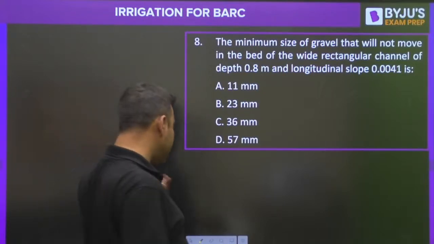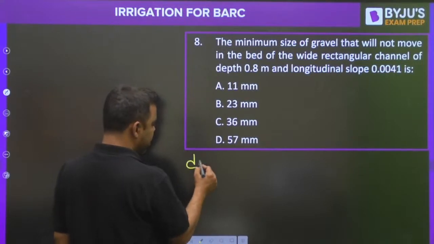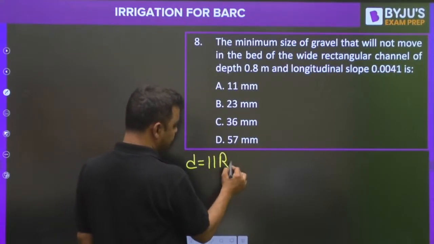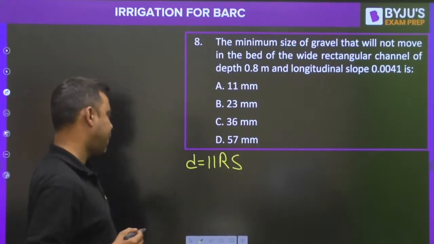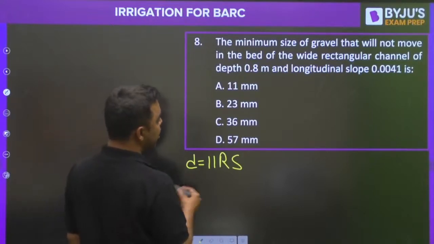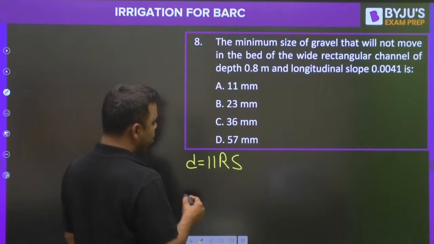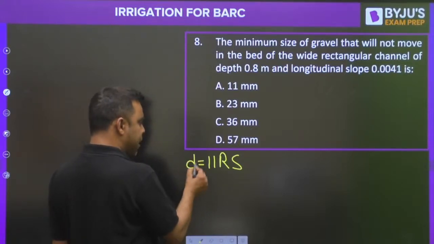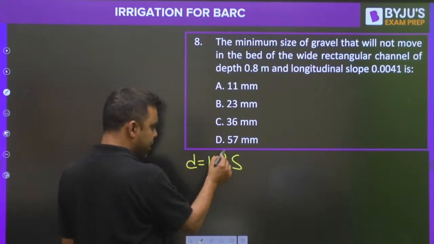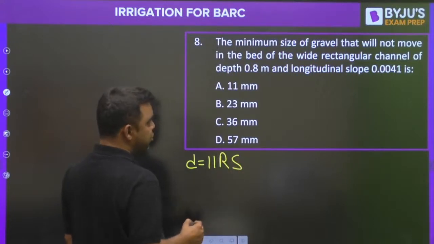The only formula we have to use over here is D is equal to 11RS. Now, D is the average size of the particle, R is the hydraulic radius, and S is the bed slope.